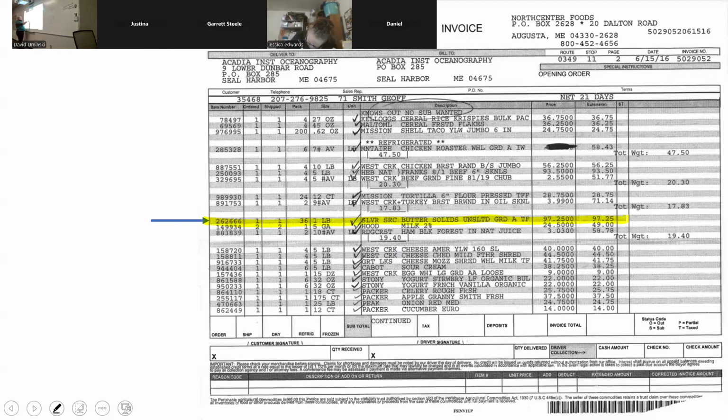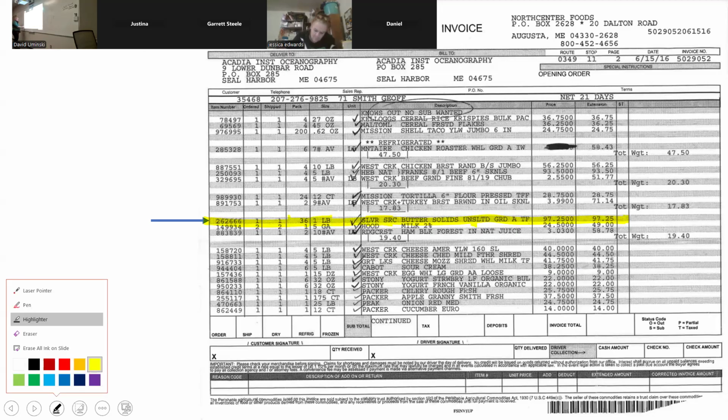I have 36 pounds of butter. Silver Source is the brand. Butter solids unsalted, grade A, $97.25. What this is saying is the pack is 36, 1 pound. What does that mean? 36 packages of 1 pound butter.